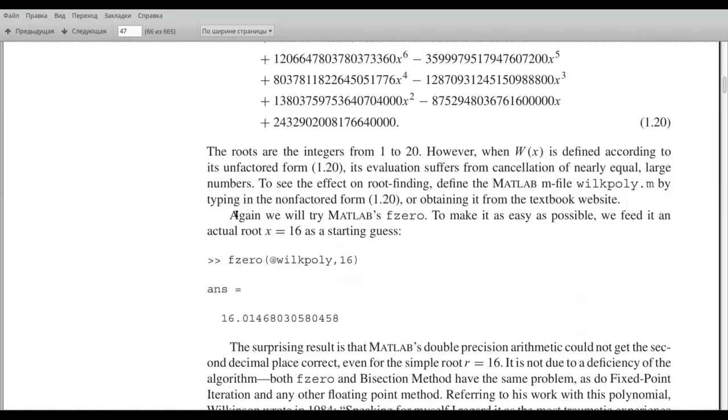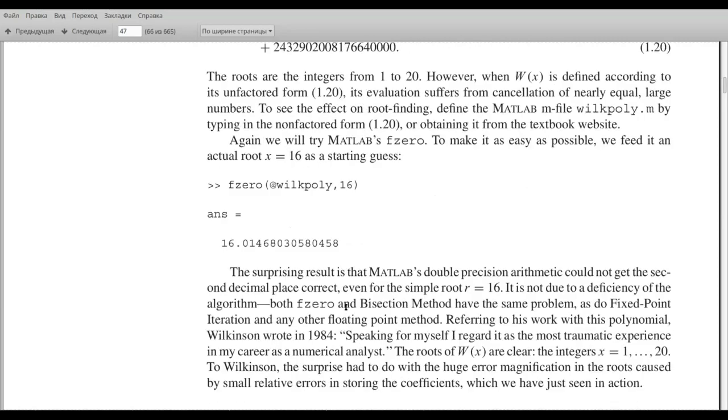MATLAB uses double precision by default, so you would expect something like maybe not 16, but some significant number of right digits after the decimal point. But what you're getting is an error right here.